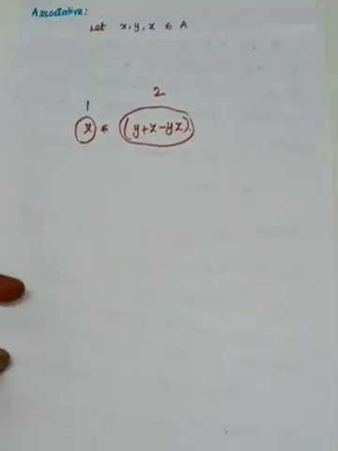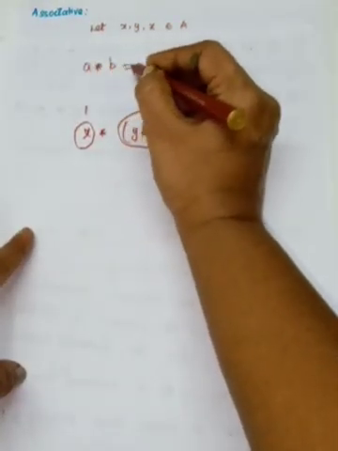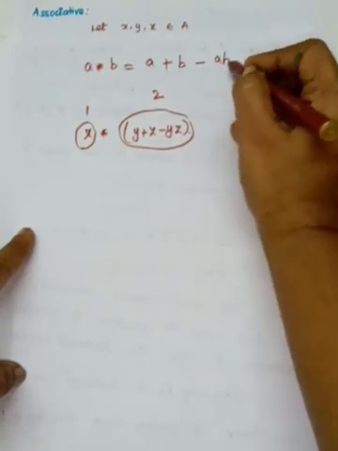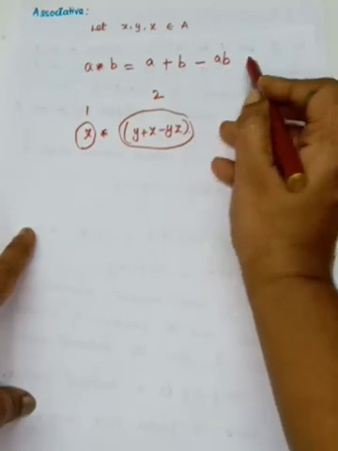So what is A asterisk B, how is it defined in this problem? It is A plus B minus AB. So first number plus the second number minus the product.